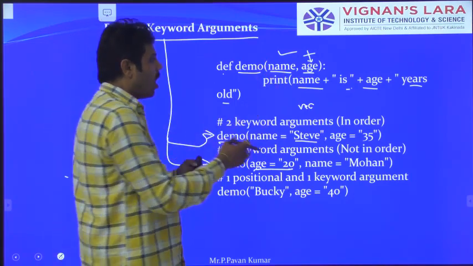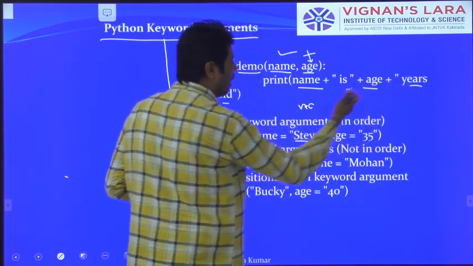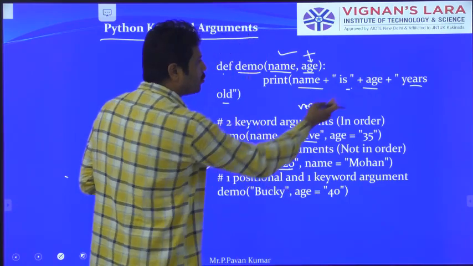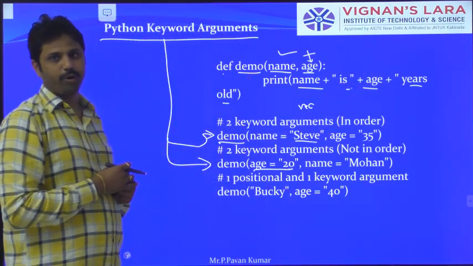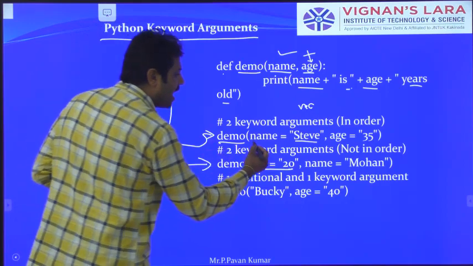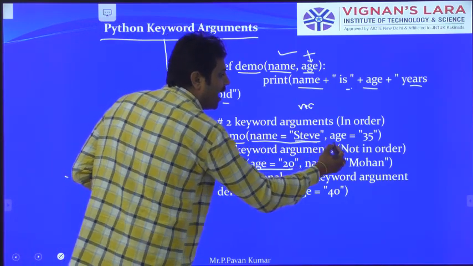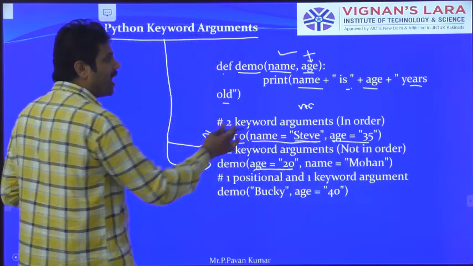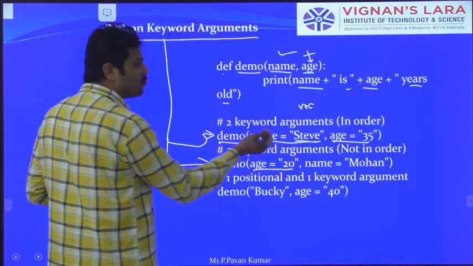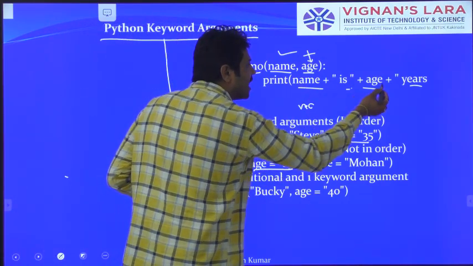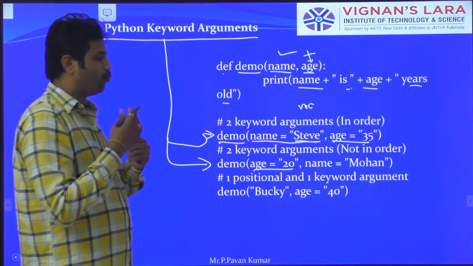That means Mohan is 20 years old. That is your output. In the first case, name is Steve, age 35. Okay. So in this case, what it prints? Steve is 35 years old is your output.